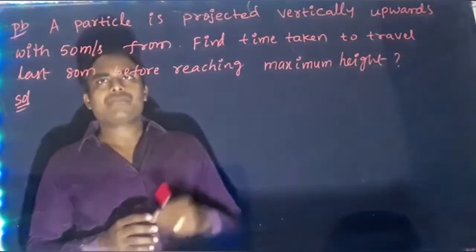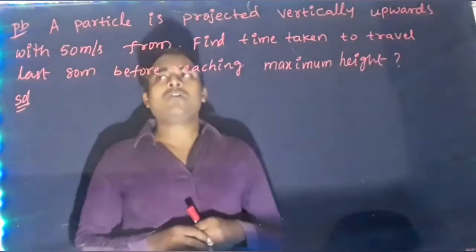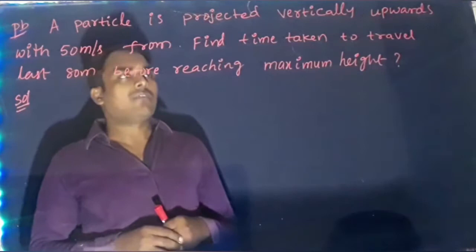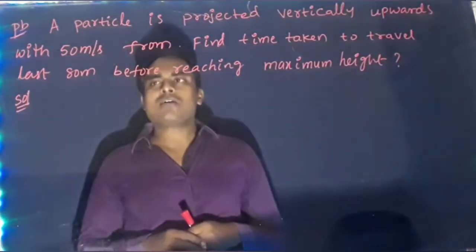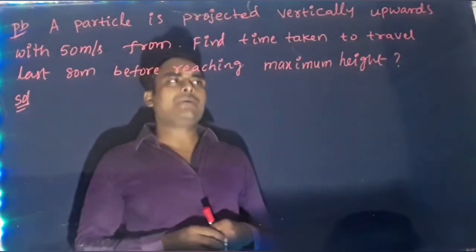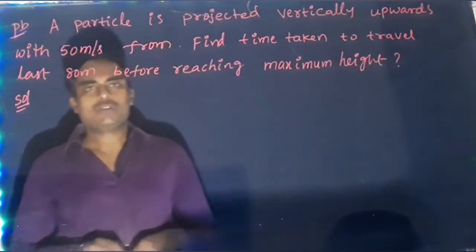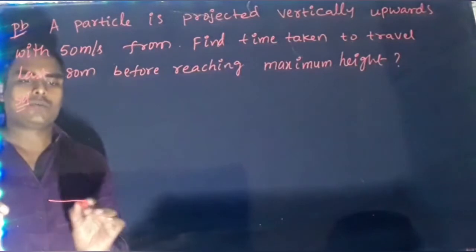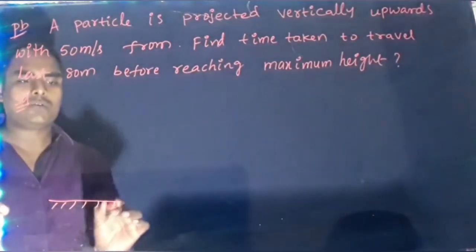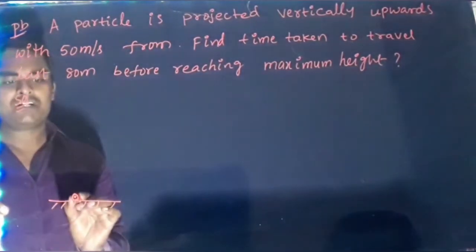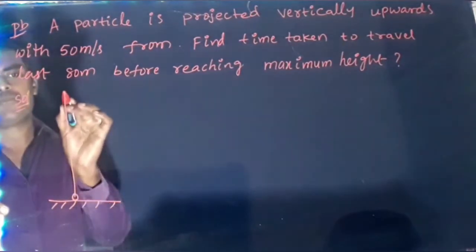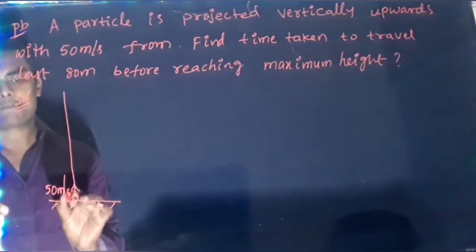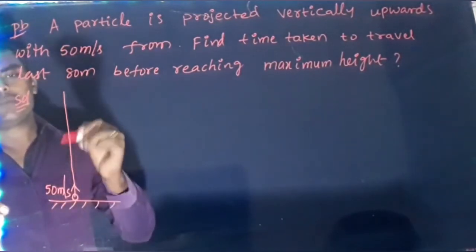Next problem. A particle is projected vertically upwards with 50 meter per second from ground. Find the time taken to travel the last 80 meter before reaching maximum height. So it is projected from the ground, so this is the ground. From the ground, the particle is projected vertically up with a velocity 50 meter per second. While going up, velocity decreases.